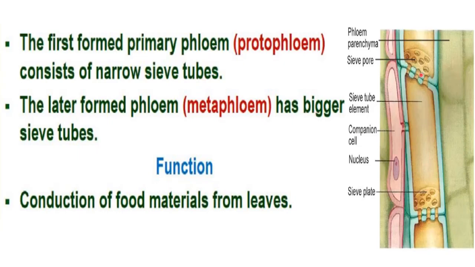As you can see here, these are narrow in case of protophloem and these are bigger in case of metaphloem. Now the function of sieve tube elements: conduction of food material from leaves. So this is the main part of phloem which helps in conduction of food from leaves to other parts of the plant.